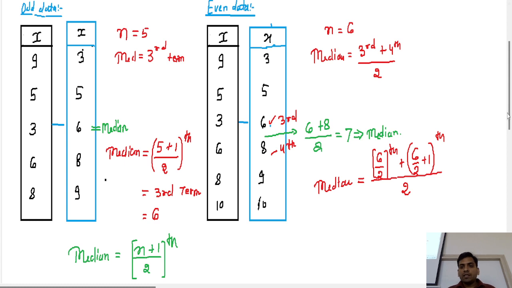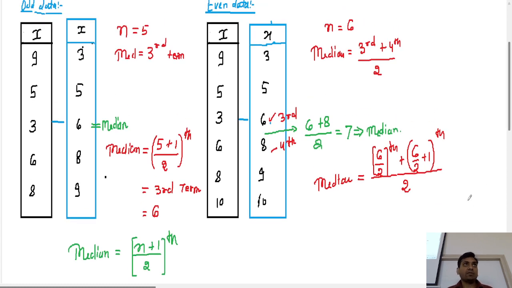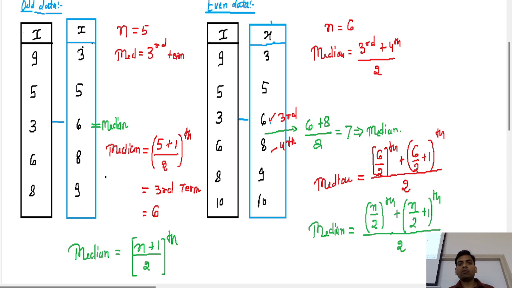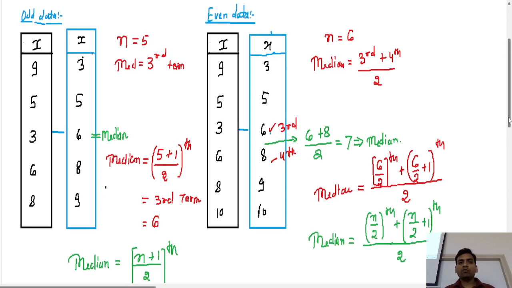So if there are n terms, what will we write? The formula for n terms: this 6 is replaced by n upon 2, and this is n upon 2 plus 1th, and divided by 2. So this is the formula for median in case of individual data for even data.